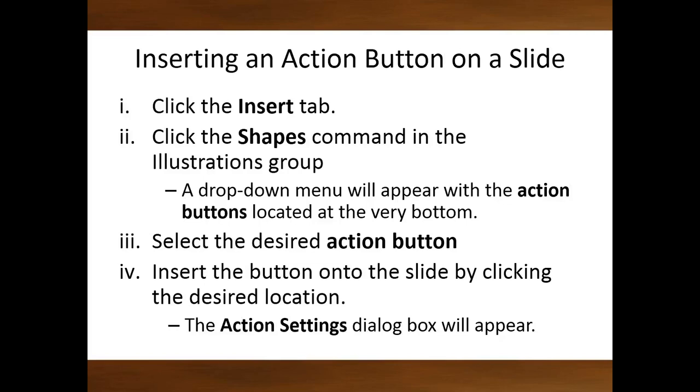Step 3. Select the desired action button. Step 4. Insert the button onto the slide by clicking at the desired location. And once you do so, the Action Settings dialog box will appear.